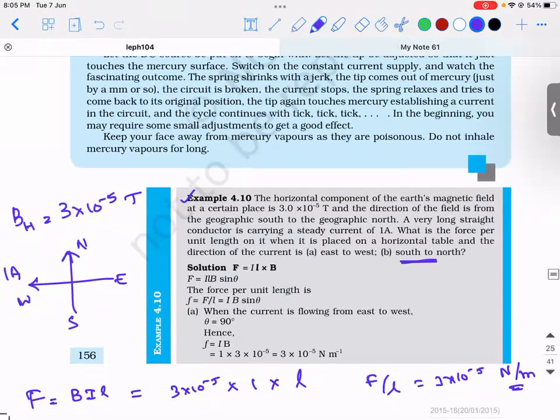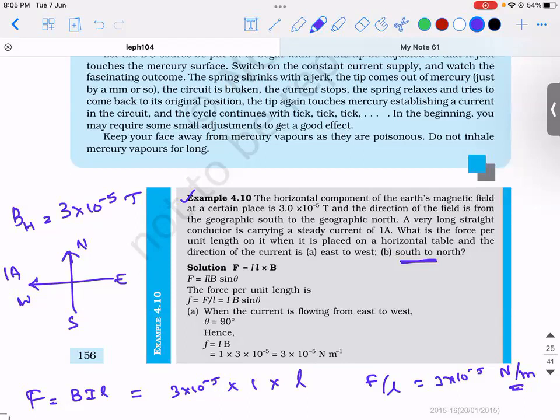Direction of magnetic field they have given, no? It is from south to north. The direction of field is from geographic south to geographic north. A very long straight current carrying conductor is placed in the field so that the current is initially carried from east to west.